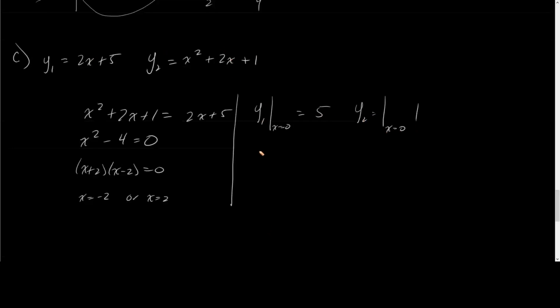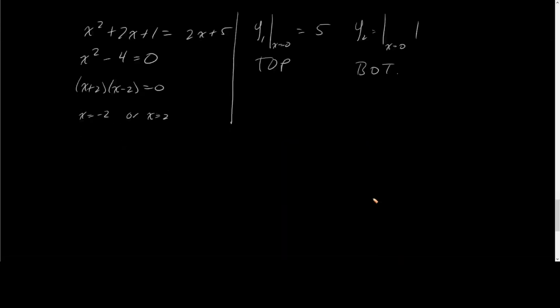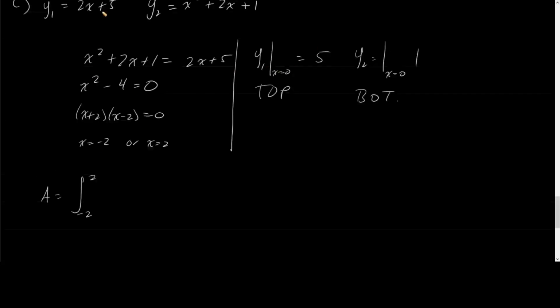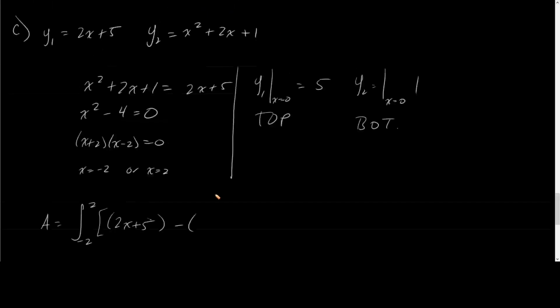So in here, y sub 1 is our top function, and y sub 2 is our bottom function. All right, so now, what do we get? Our area is going to be the integral from negative 2 to 2 of the top function, y sub 1, so 2x plus 5, minus the bottom function, y sub 2, which is x squared plus 2x plus 1, dx.